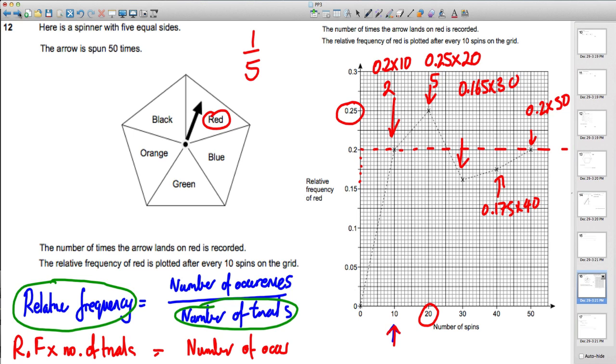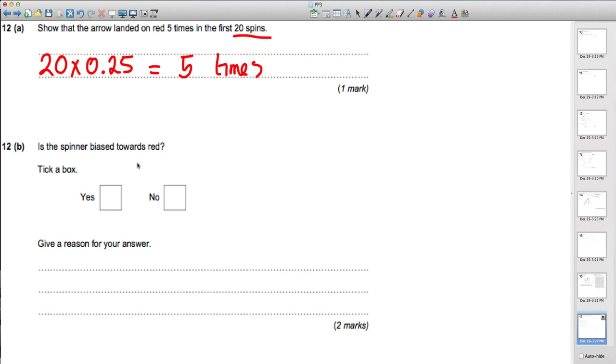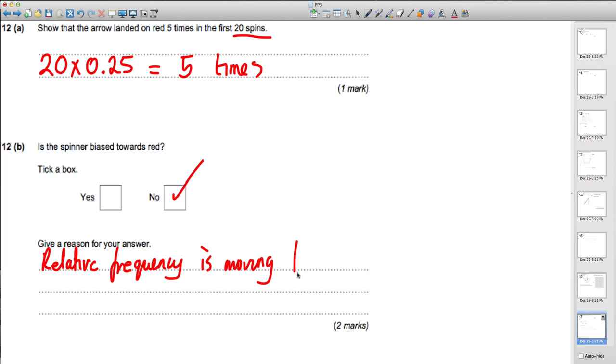So I would say, is it biased towards red? I would say no. And I would say the relative frequency is moving towards 0.2, which is 1 out of 5, and I'd call that the theoretical probability.